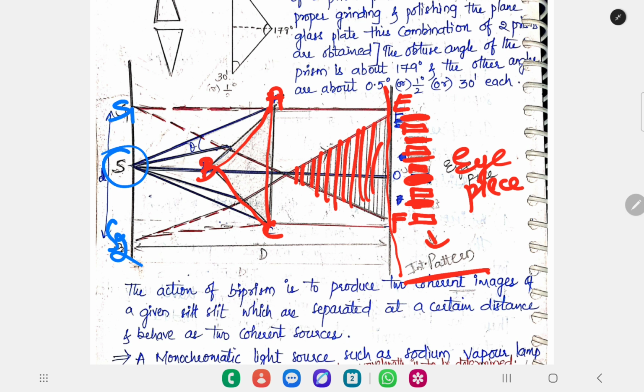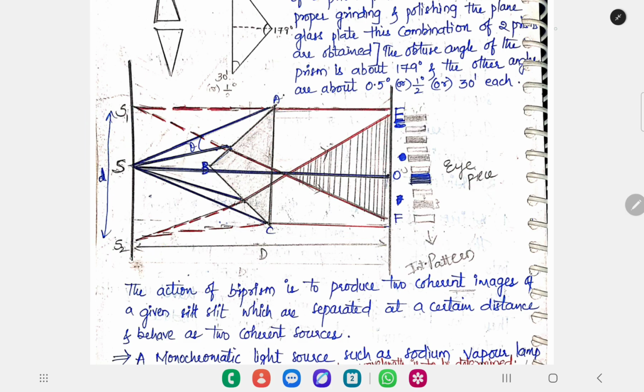The actual source is S. Remember this: small d is the distance between S1 and S2, and capital D is the distance between the screen and the sources.